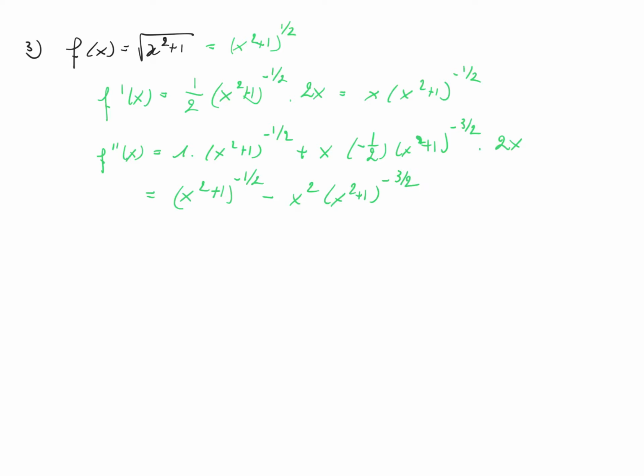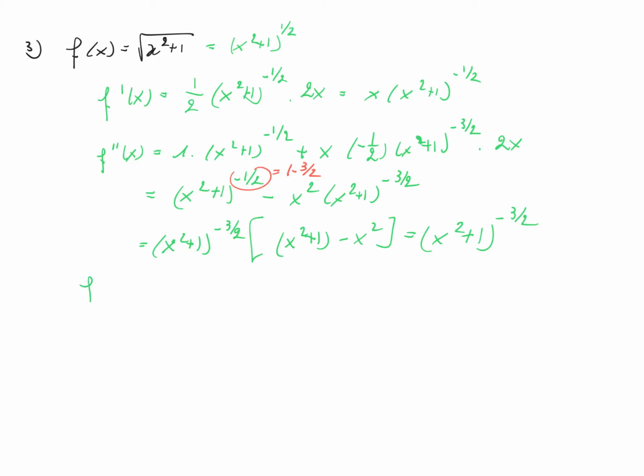If we then want to take out a common factor, you could say that this minus 1/2 is 1 minus 3 over 2, and now we can take out a common factor x squared plus 1 to the power minus 3 over 2 times x squared plus 1 minus x squared, which is just equal to 1, so this is x squared plus 1 to the power minus 3 over 2.